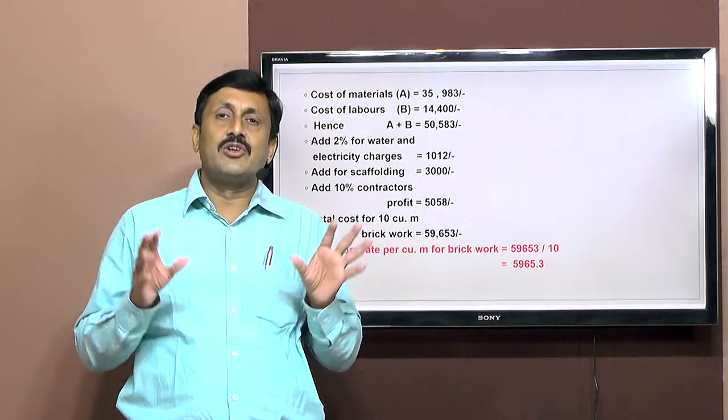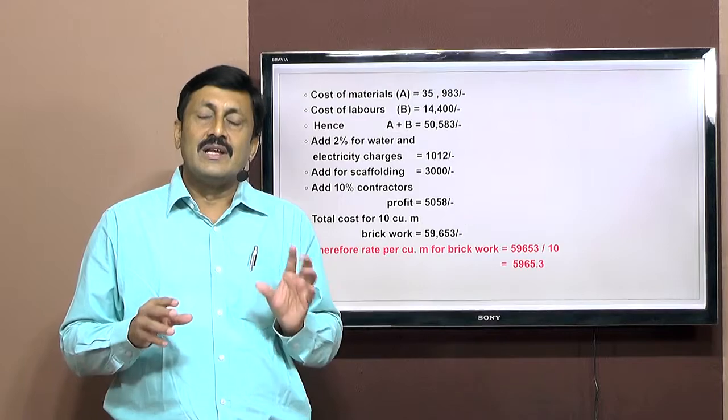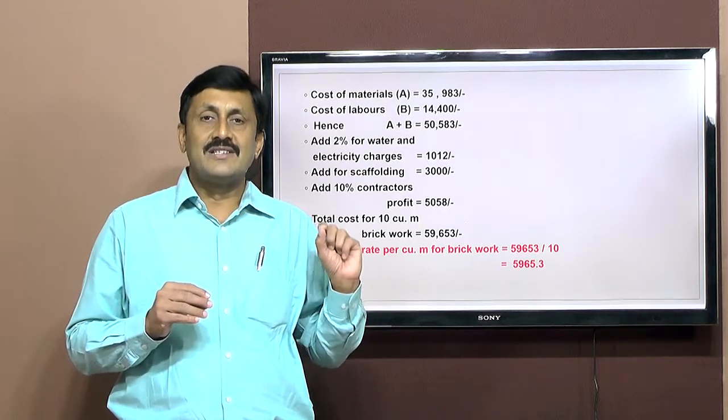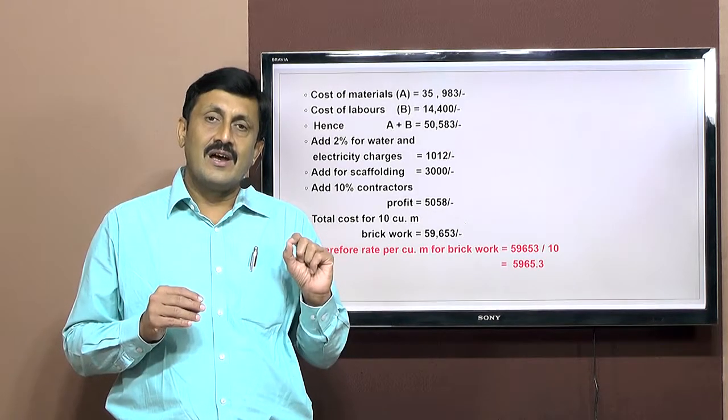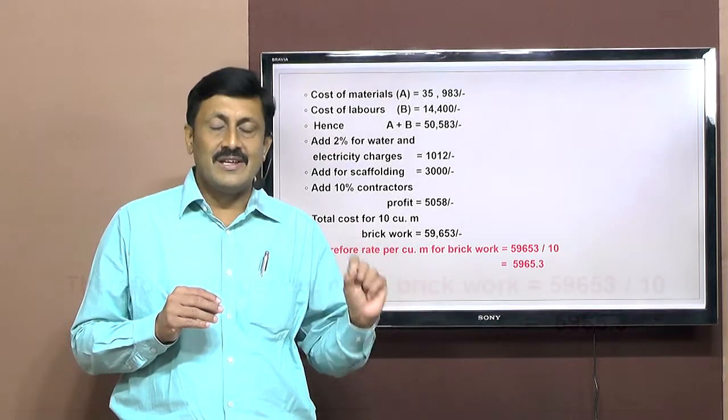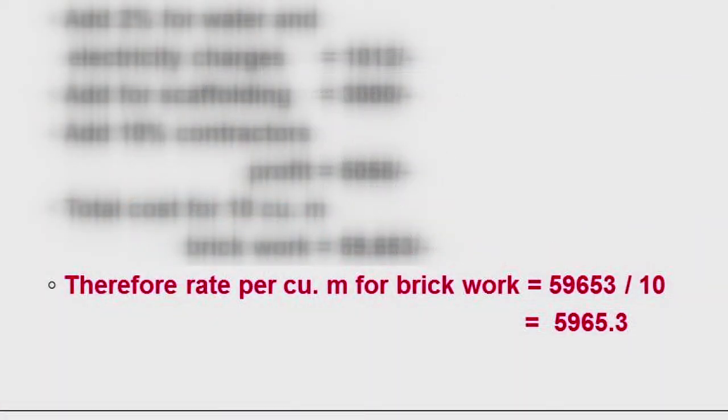So rate per cubic meter for brickwork is rupees 5,966. That is, rate analysis for brickwork is over. Rate per cubic meter for brickwork is rupees 5,966. All of you need to remember the procedure of rate analysis.